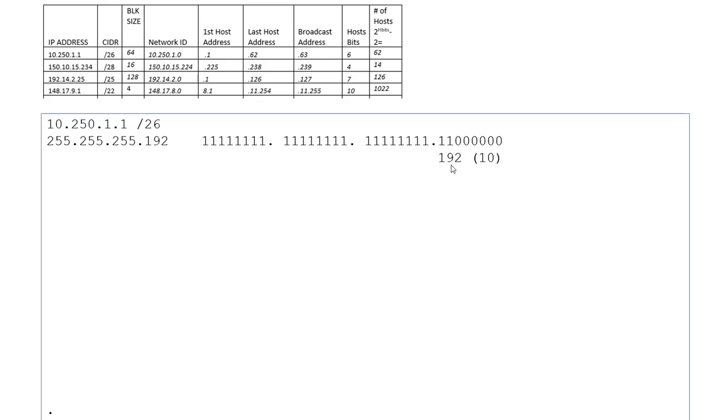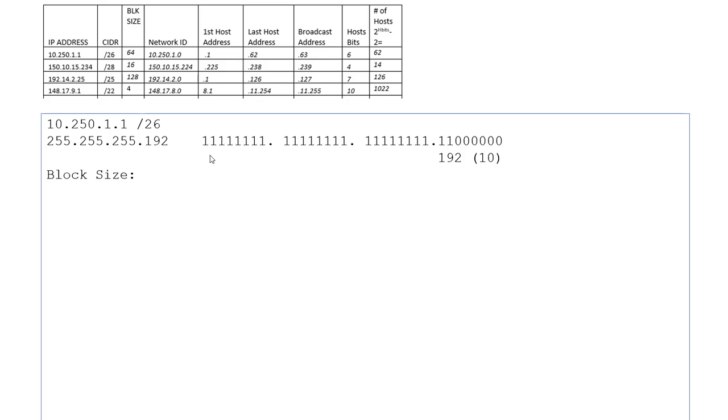Now, the next thing that we need to figure out is something called the block size. And the block size is always going to be the value of the rightmost subnet mask bit.